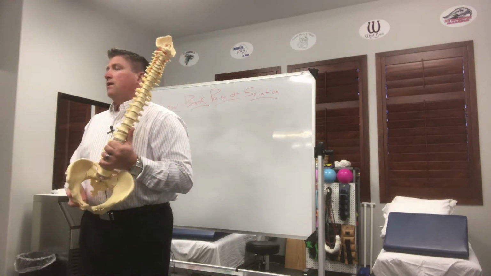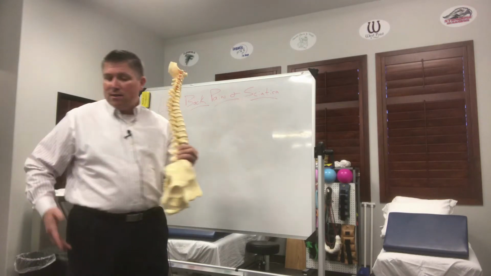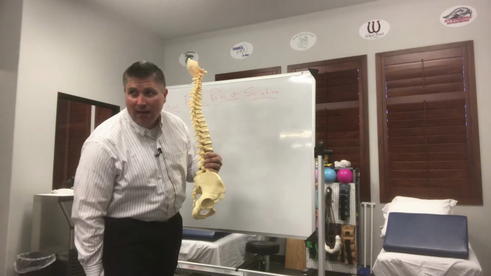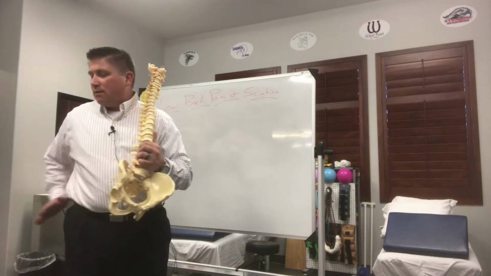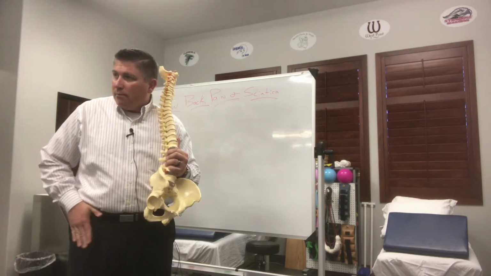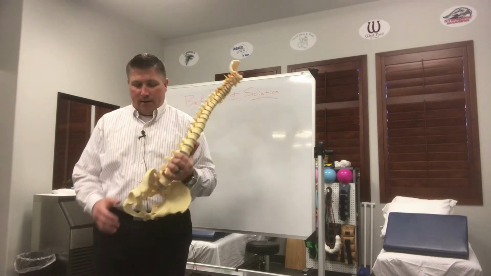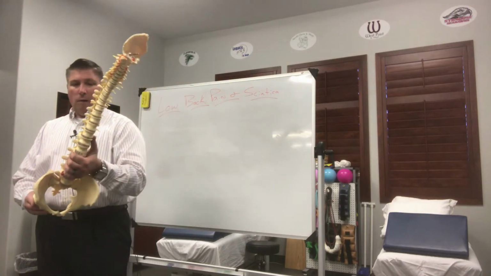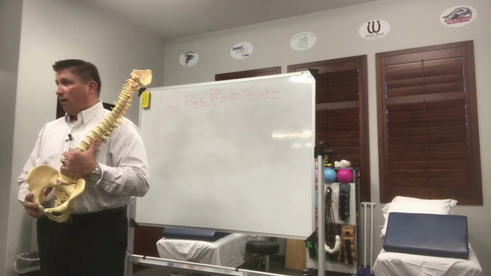So with typical sciatica, we see the pain runs down the back of the leg. With an SI joint, sometimes it's a little bit different and it wraps around the front, maybe into the groin a little bit, sometimes down the thigh a little bit. So that's an SI joint problem.